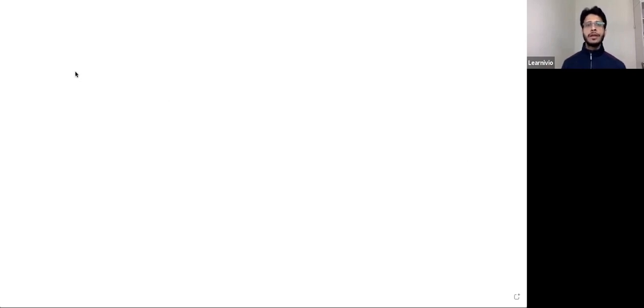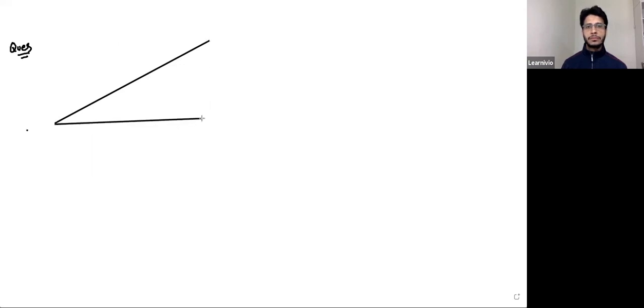Okay. After this inclined plane, the next thing is, so that was about friction. Let's say this is an inclined plane. Angle of inclination is 30 degree.